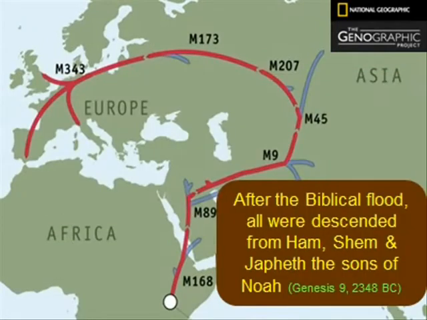After the biblical flood, according to the Bible, all were descended from Ham, Shem and Japheth, the sons of Noah. But not from Africa.